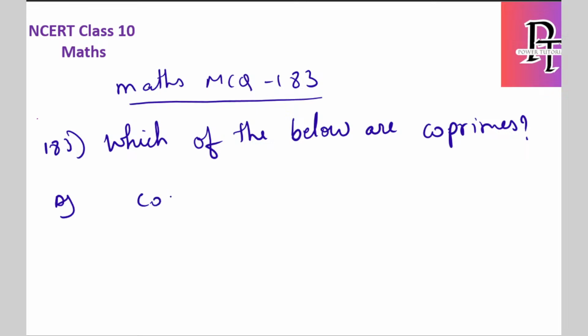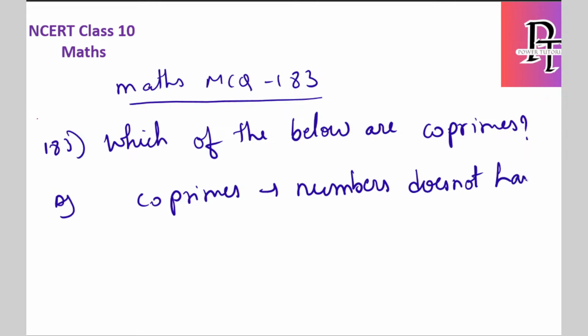If I ask what coprimes are, you have to say that coprimes are the numbers which don't have any common factor. 1 is a common factor for everyone, so except 1, they should not have any common factor. Okay, so let's see the options.